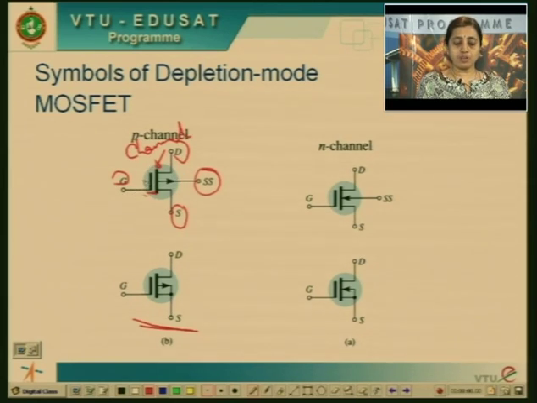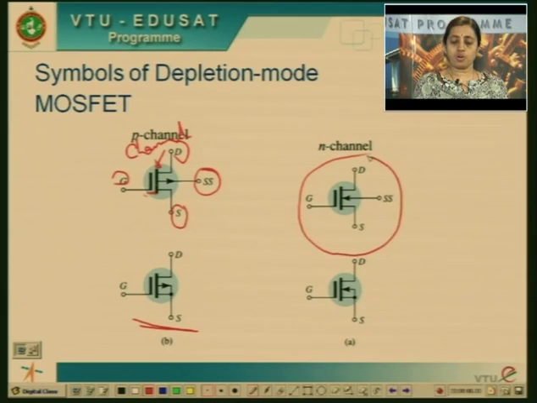The distance between channel and the metal gate indicates that the gate is completely isolated from the channel. That means to say that there exists a silicon dioxide layer between gate and the channel. Now, this portion is the symbol of N channel. The difference lies in the direction of the arrow mark.